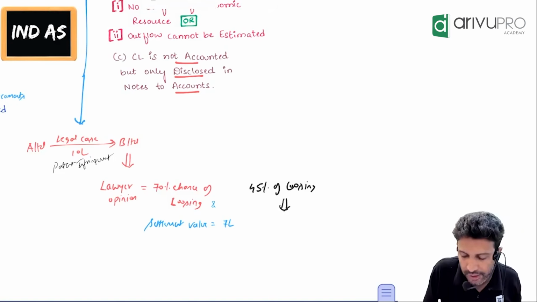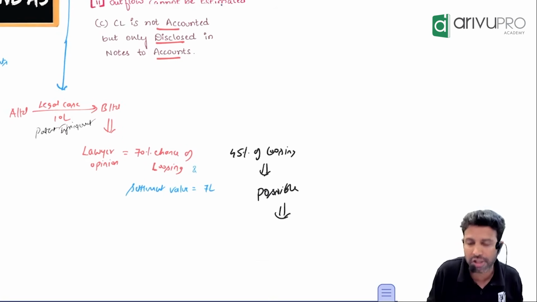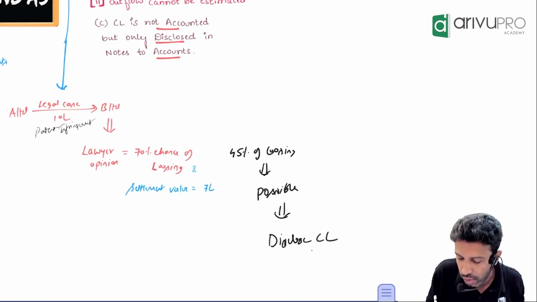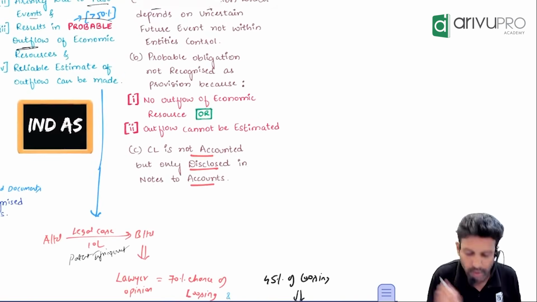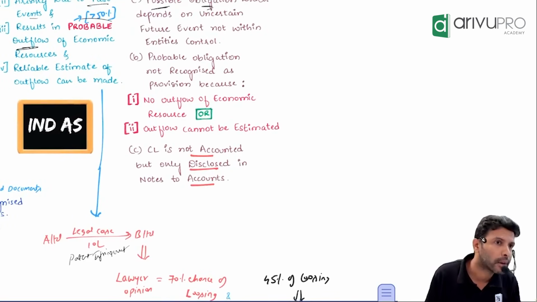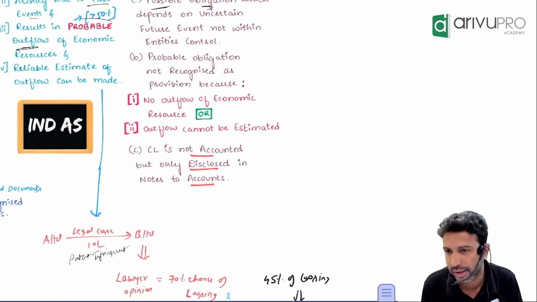If it is 45%, will it be probable or possible? Possible. For a possible obligation, will you recognize a provision or disclose? Disclose a contingent liability in notes to accounts.